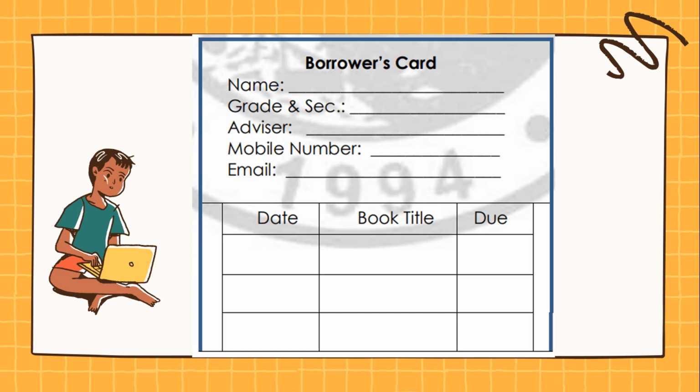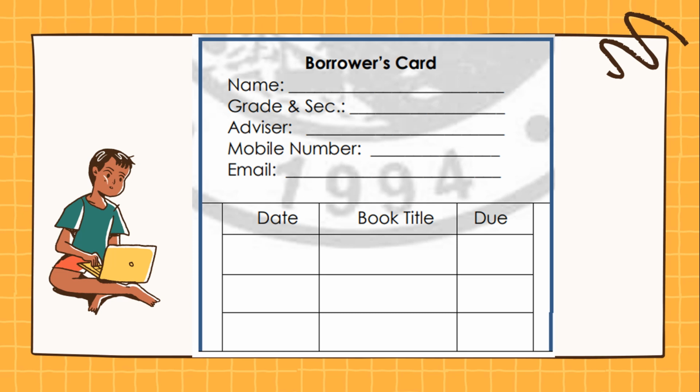So mobile number 0927-821-4297. And then your email address. If you do have an email address, let's say, for example, I am Arnel45 at gmail.com. And then if you will be going to borrow a book from the library, of course, you have to write here the date and then what's the book name or the title of the book.